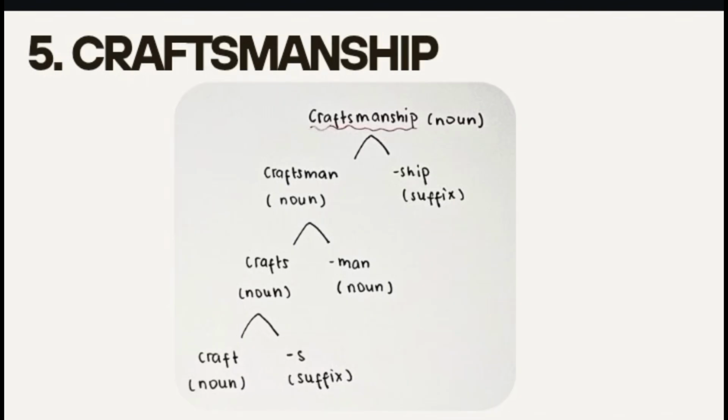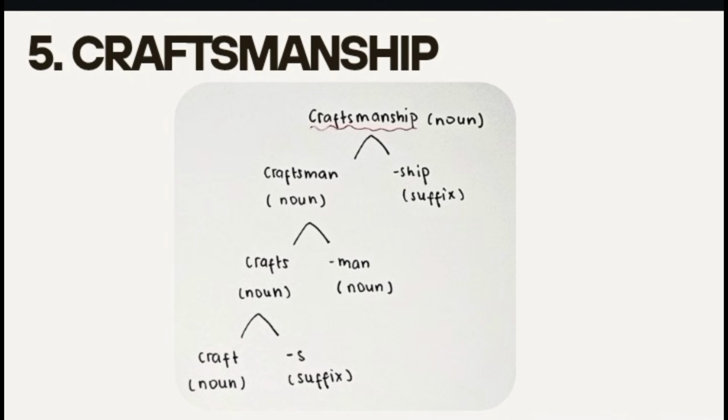And the last word is craftsmanship. This word also has a compound-like structure. We have the free morpheme craft and the free morpheme man. But notice the s in the middle. In morphology, this is often treated as an interfix or a linking element that connects the two roots.